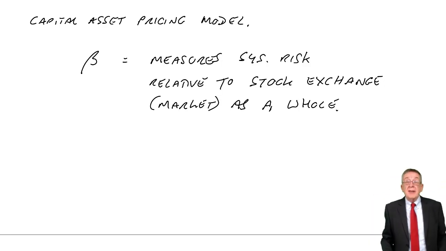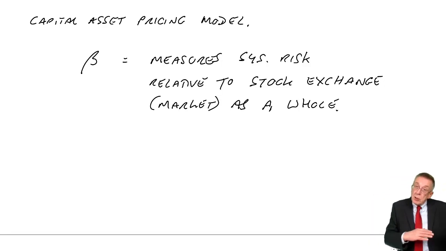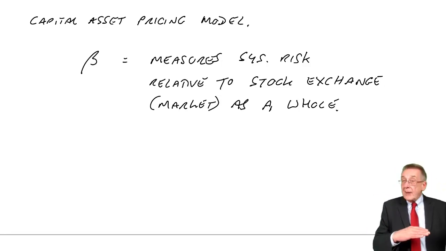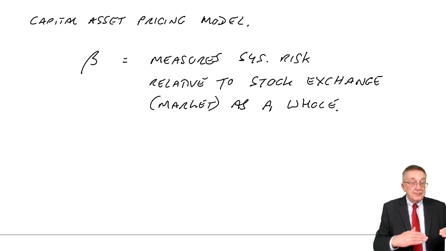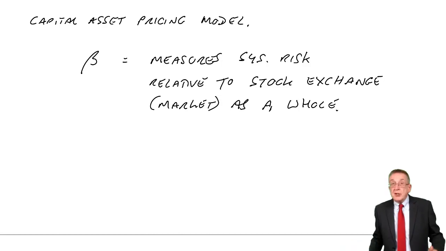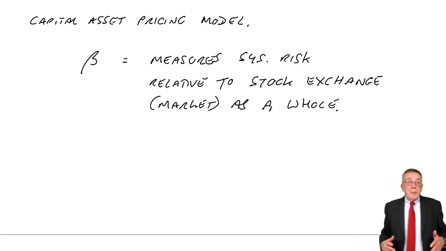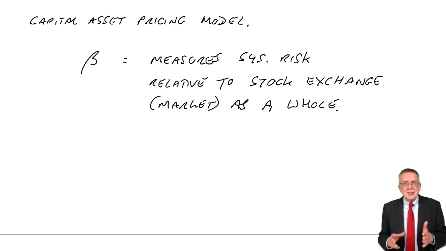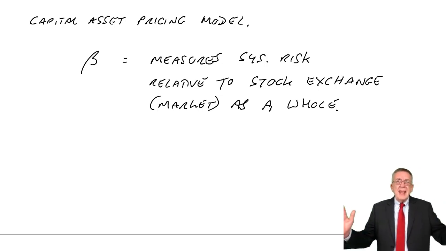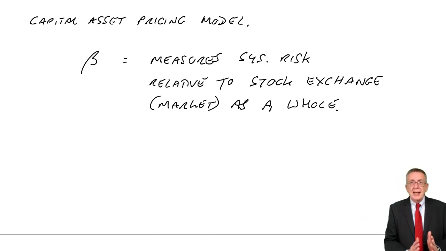Other businesses aren't affected very much. Their profits and therefore their share price won't go up and down much, but they're all affected. The stock exchange, in all countries, they publish a stock exchange index, which is sort of the average of all the shares.